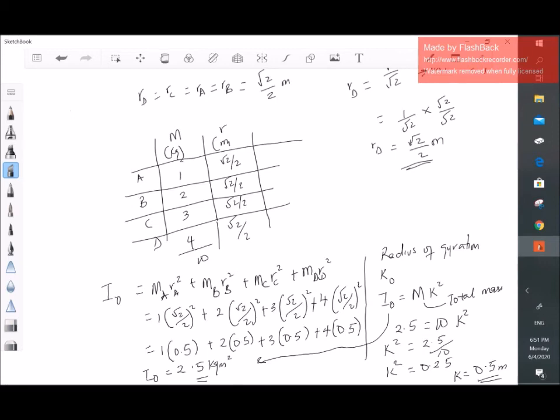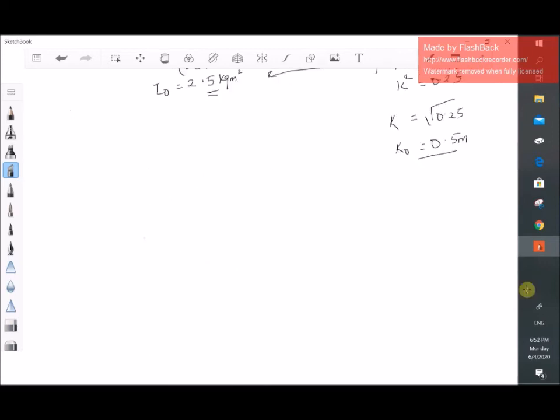Alright, now for question C, we are asked to find the moment of inertia and the radius of gyration if it is along the side AB. Now in this case, the axis of rotation is on AB.